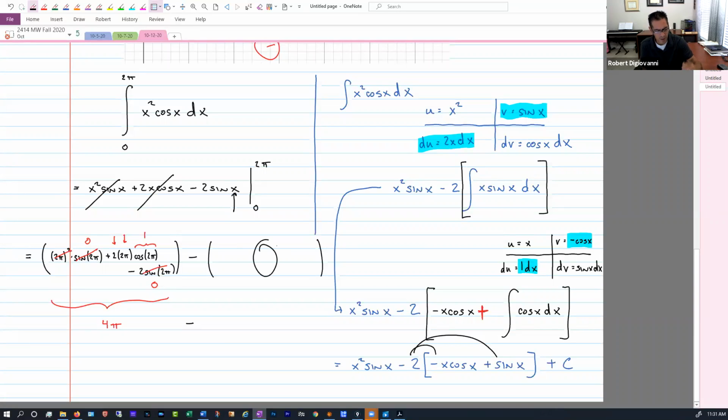So all that is going to be 0. So our answer is 4 pi. All right, what do y'all think? Integration by parts with a definite integral.